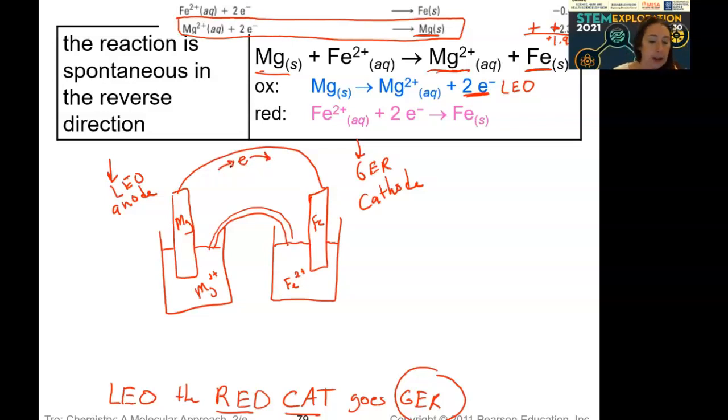Another way to think about it: oxidation has a higher potential energy, reduction lower potential energy, and it always goes from high energy to low energy, like a waterfall that only goes one way. If we look at this, our magnesium is a positive 2.37 volts, and our iron is a negative 0.45 volts.